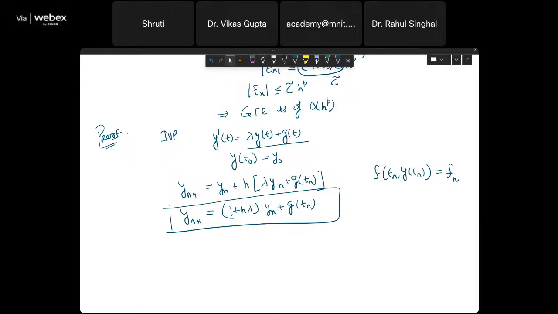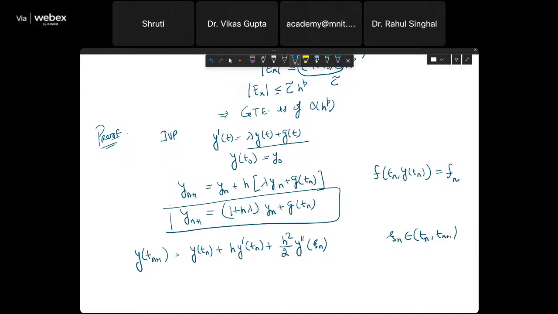Now let us use the Taylor expansion for y at tn plus 1, that is the true value. Using Taylor expansion we can write y at tn plus 1 as y at tn, as we have done earlier, plus h y dash at tn, and the next term is h square divided by 2 times y double dash xi n, where xi n belongs to the interval tn, tn plus 1.